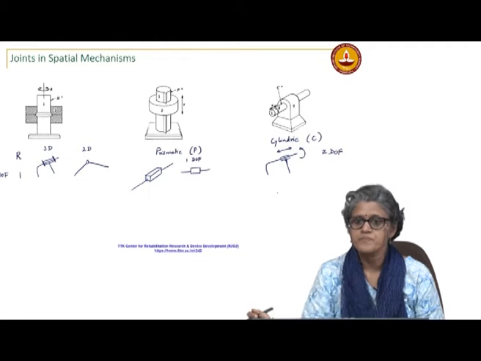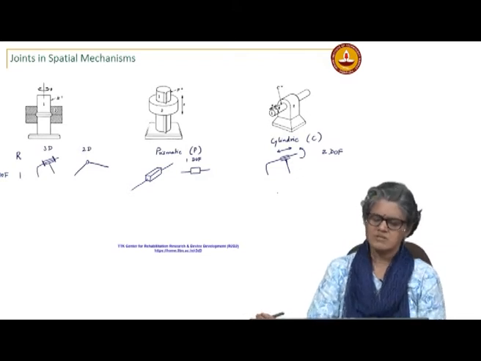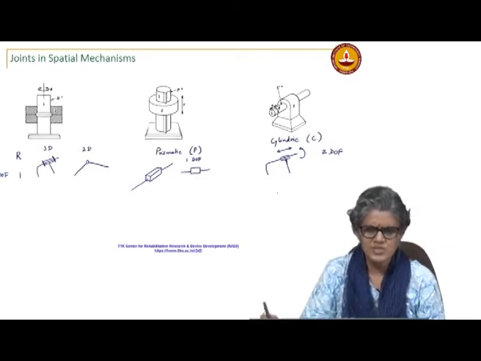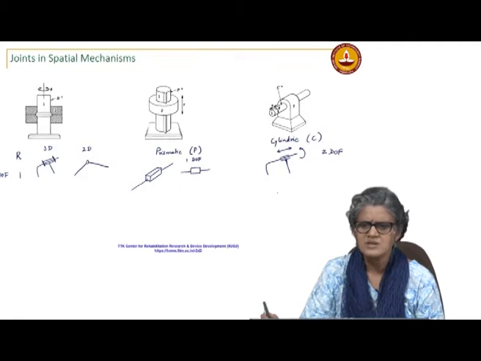Do you consider pin joints as higher pairs if it is planar? Let me repeat the question. When we have pin joints in planar, yes, but it is also similar to cylindrical.